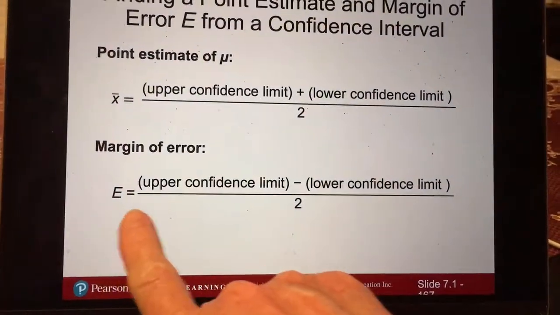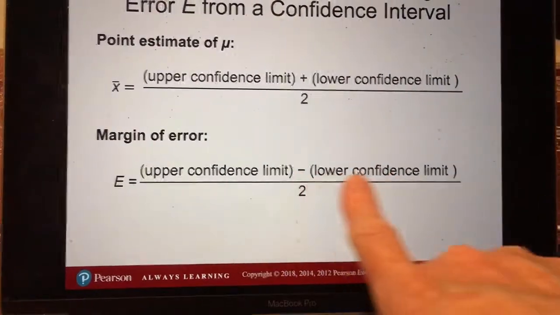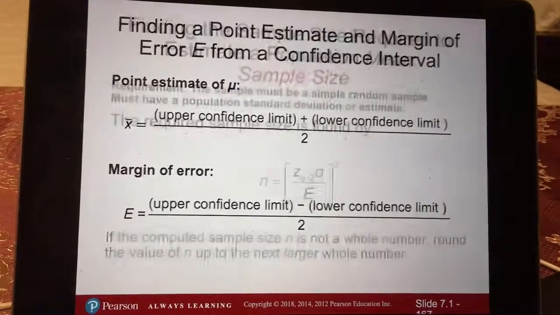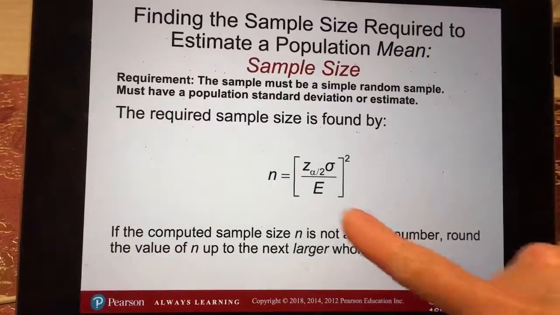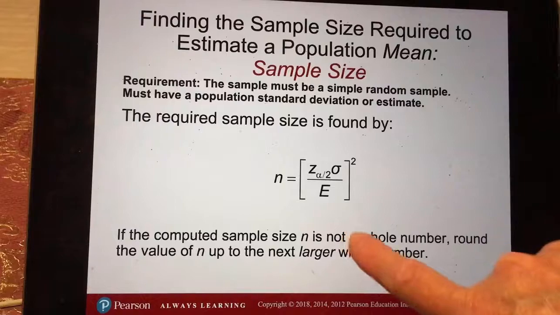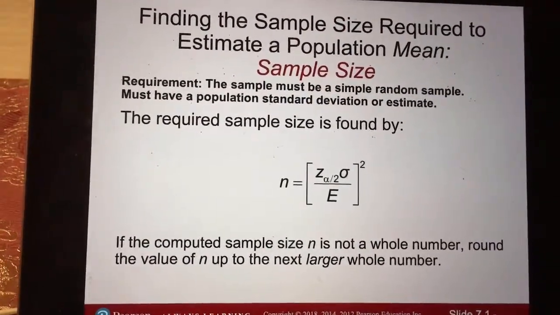We can find our margin of error by subtracting the two limits and dividing by 2. That's the same slide you had before. Then they're finding the sample size, a little bit different equation, but it will give us the minimum sample size that we need in order to estimate the population mean.